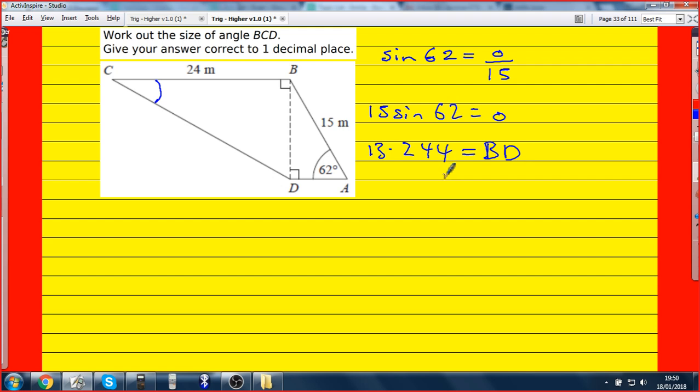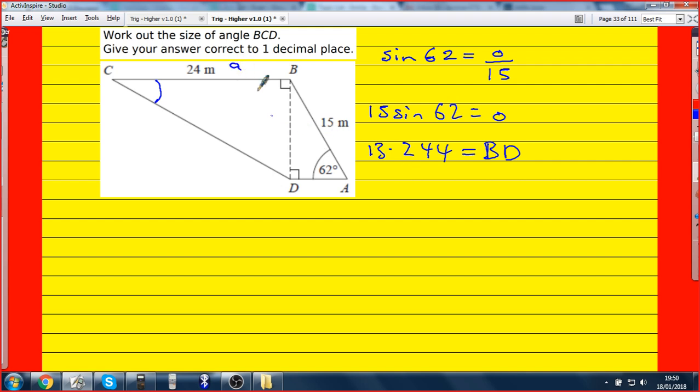So now that is the O, 13.244, and 24 is the A.